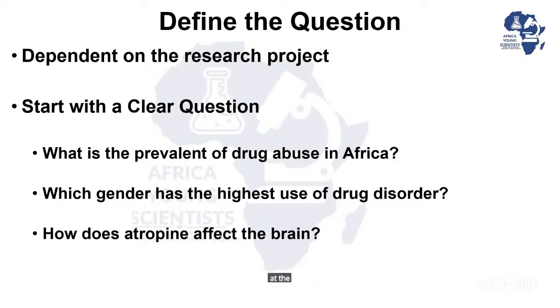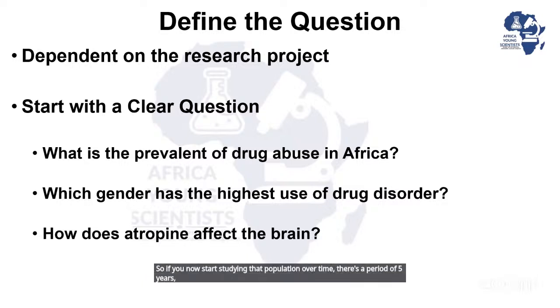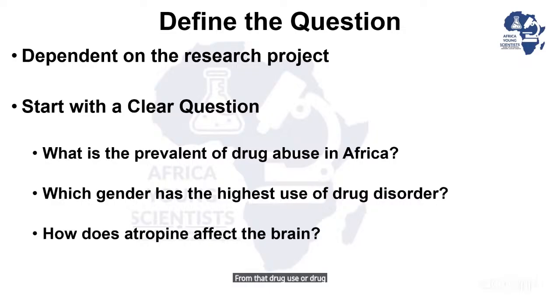At the beginning, the female gender uses drugs more than the male. If you now start studying that population over time, a period of 5 years, 10 years, of the females and males that abuse drugs together, more females will have died from that drug use or drug overdose than males. So by the time you are looking at the end point, you are seeing more male than female.